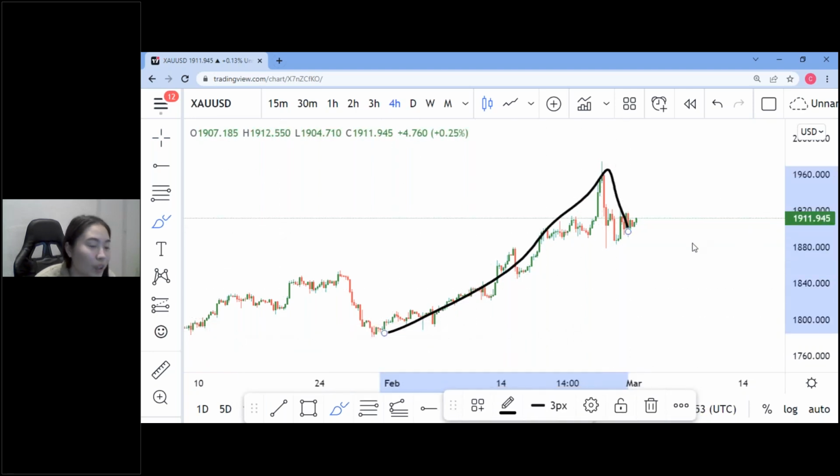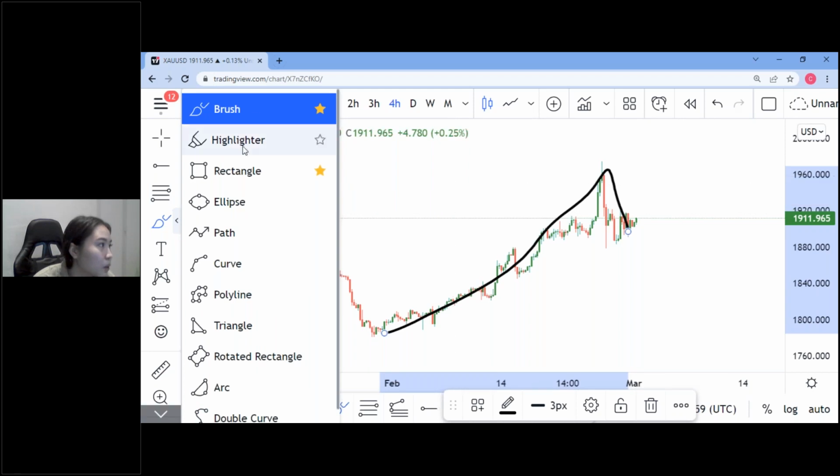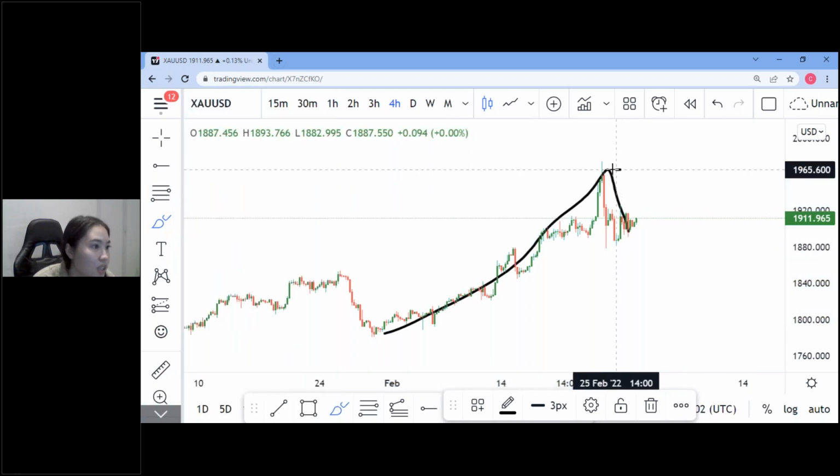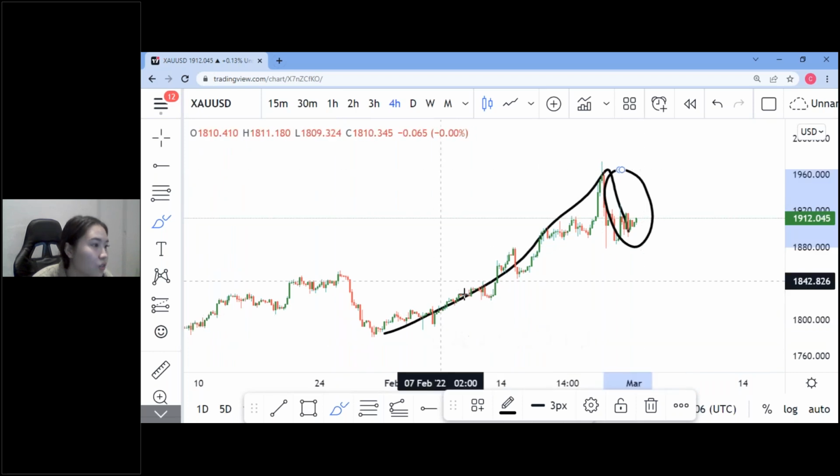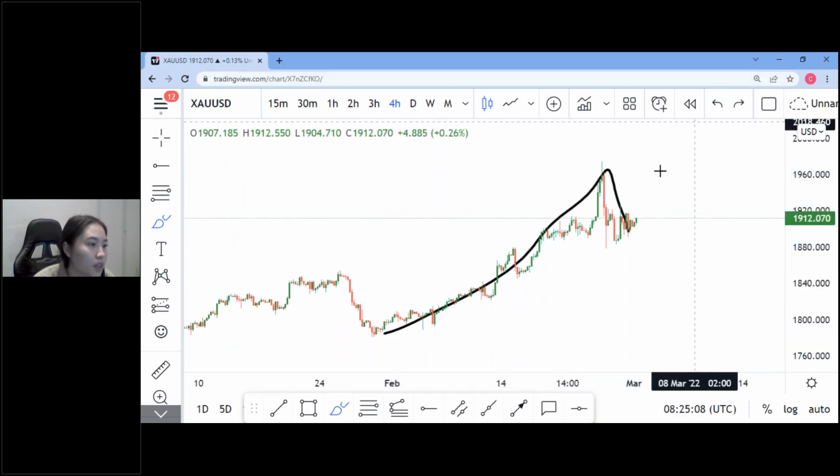I know it doesn't look like a V, but the whole point is being able to draw something like this. As long as this second line does not cross this first line, that's a Fibonacci retracement. You guys see it now?